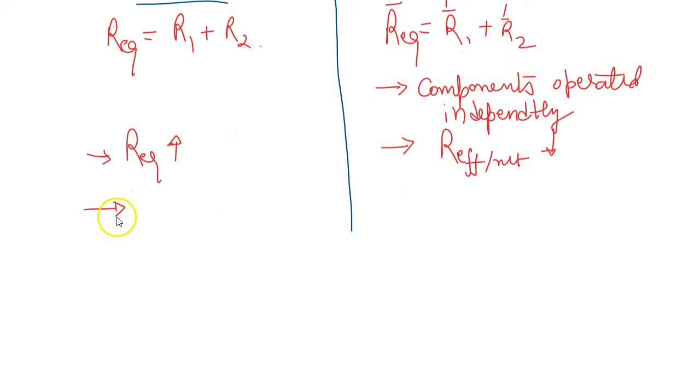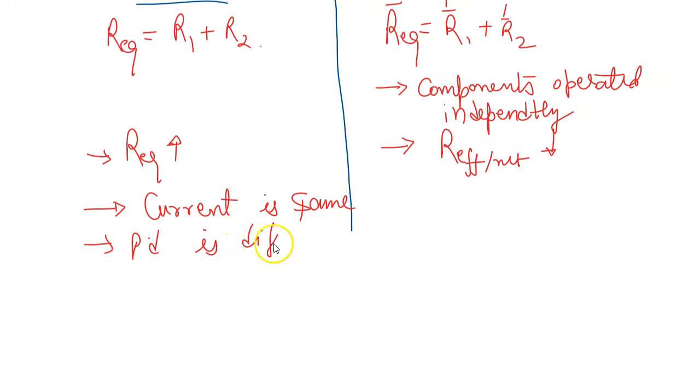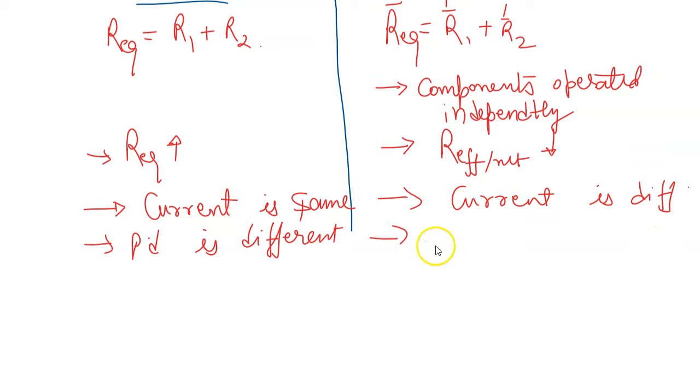In series combination, the current is the same throughout and the potential difference is different. In parallel combination, the current is different and the potential difference is the same.